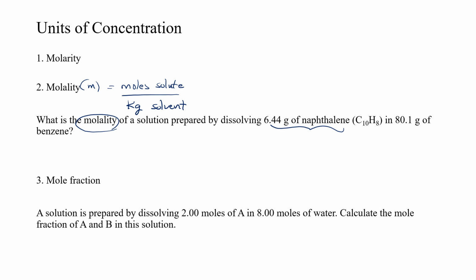The other thing is that for you to calculate the molality, you need the kilograms of the solvent. The amount of solvent that you have is given in grams, so you have to convert your grams to kilograms so you can get the final answer.